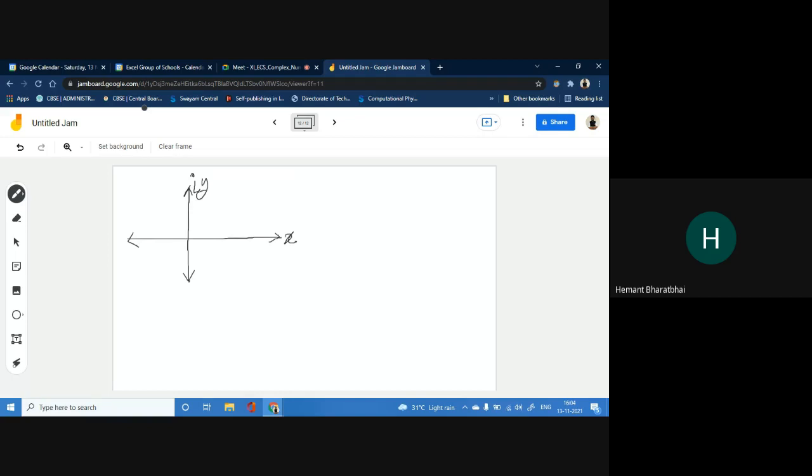This represents imaginary numbers, so it is called the imaginary axis. I take a complex number, which I can write here as x comma iy. I'll not write i, I'll just write y, because I have already written it over there.